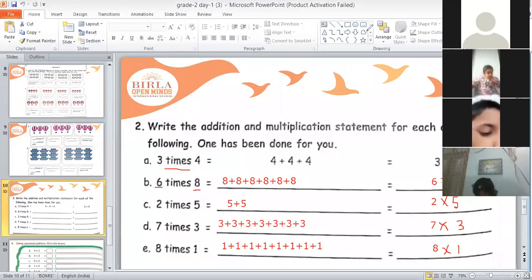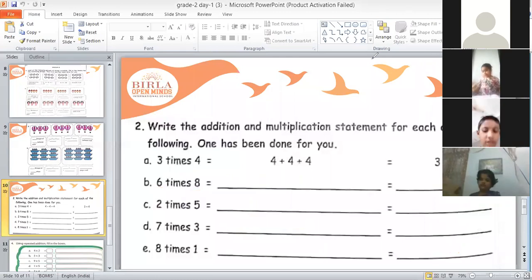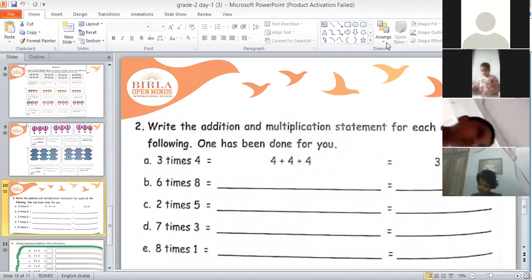Now children, do one thing. Open page number 71 of your math textbook quickly. Page number 71 of your mathematics textbook.